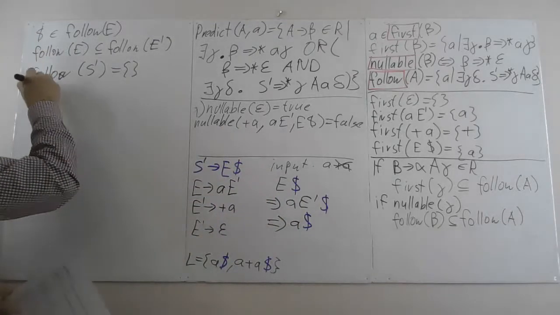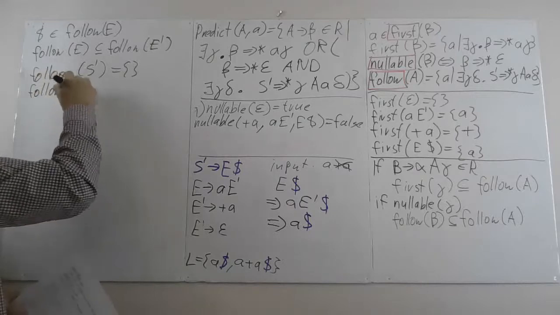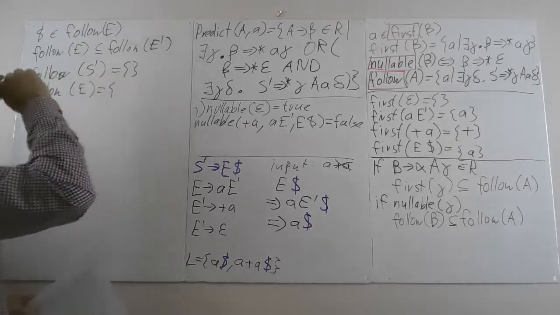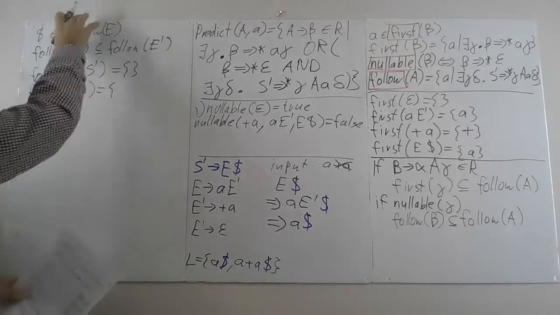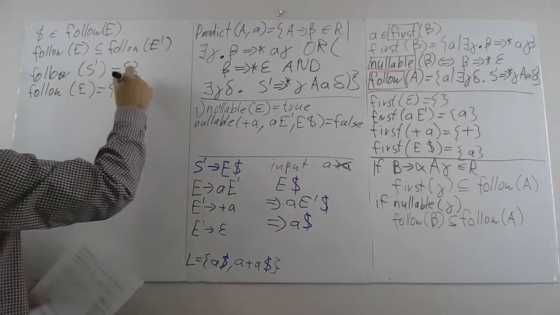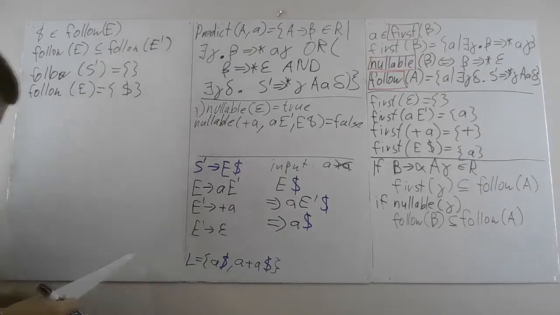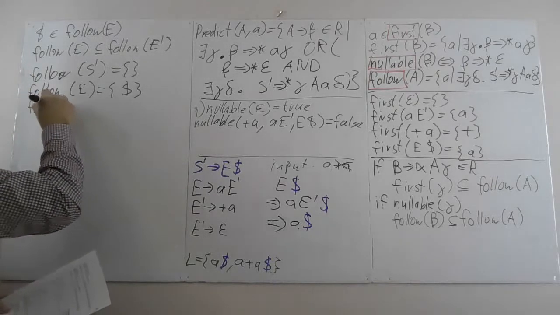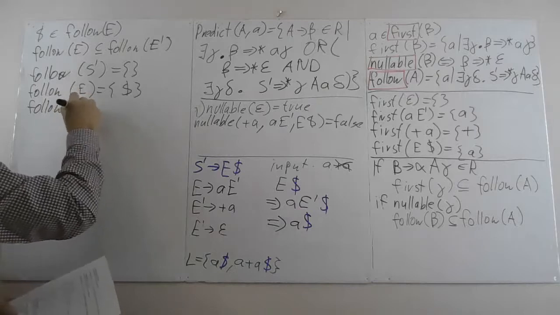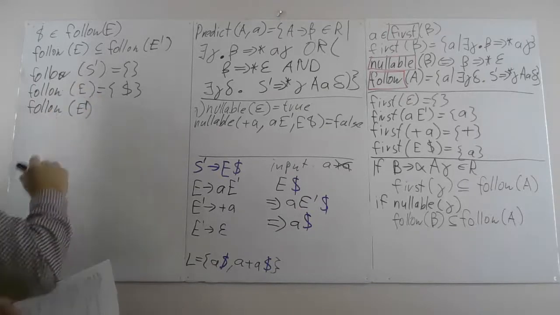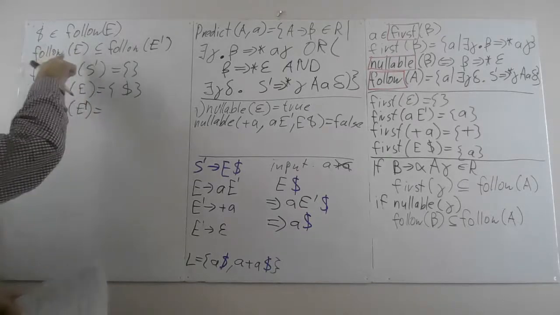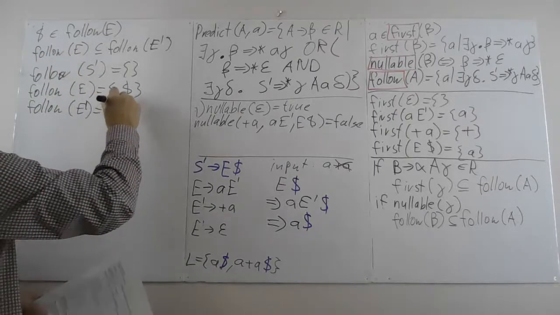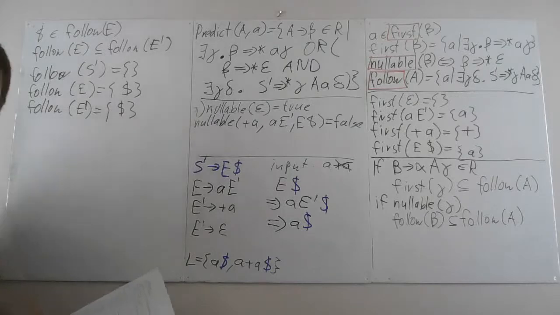But now for the follow set of E, well, I would initialize it to the empty set, but then I have a constraint that says $ has to be in it. And then for the follow set of E prime, I would also initialize it to the empty set, but I have a constraint that says anything that's in the follow set of E has to also be in the follow set of E prime.